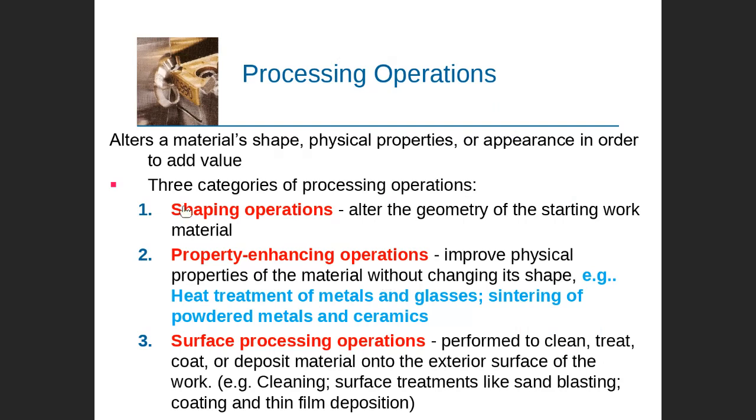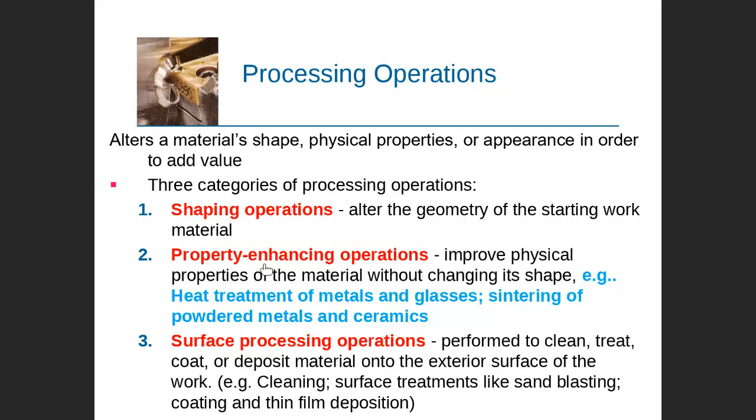This is a processing operation. As I told you, processing operation has shaping, property enhancement, and surface processing. These three items: shaping alters the geometry. When I say shaping, it means modifying the geometry of the material, right? Property enhancement comes after shaping. So shaping is the first step to change the geometry of the material.